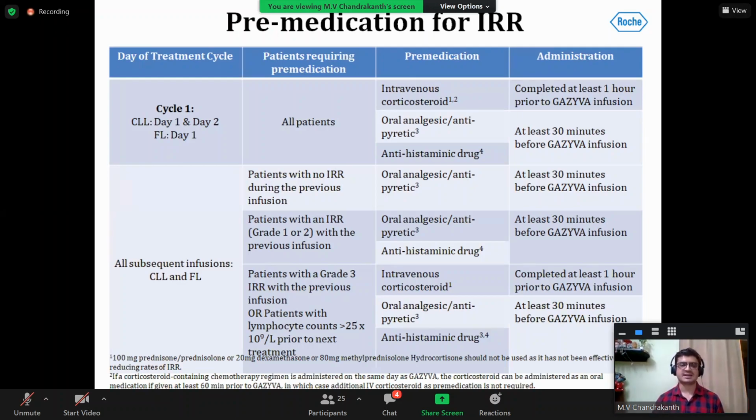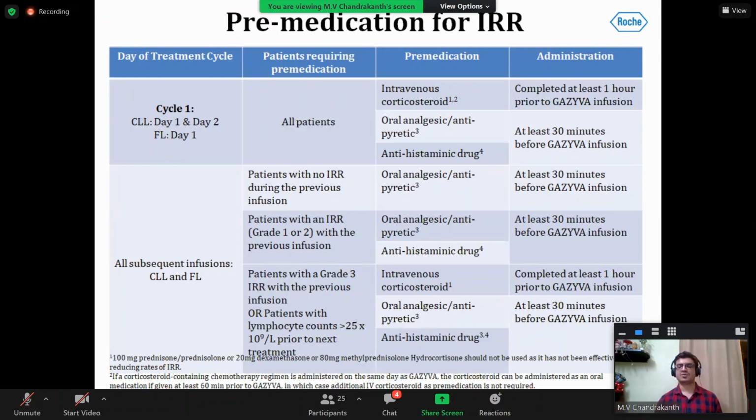If the patient had a grade 3 IRR in the previous infusion, or the lymphocyte count is more than 25 x 10^9 per liter prior to the next treatment, then we must include intravenous corticosteroids, oral analgesics, and antihistaminics. Remember, steroid is 1 hour before infusion. So very importantly, if it is CLL, corticosteroid is a must 1 hour before, and we must give analgesics and antipyretics 30 minutes before.